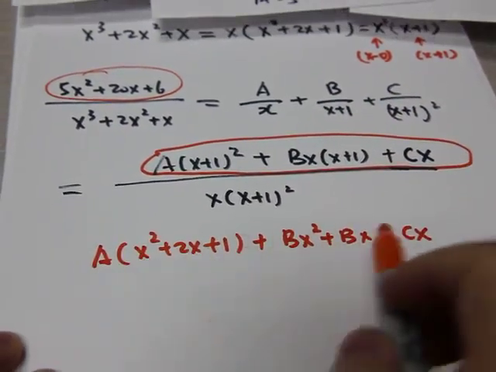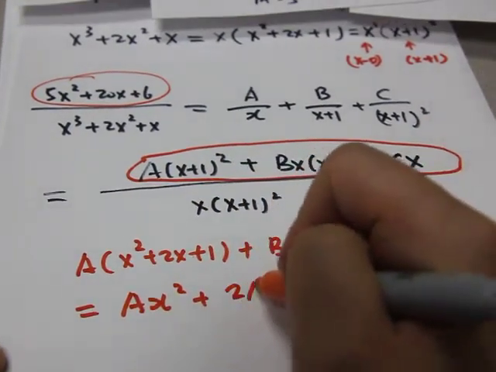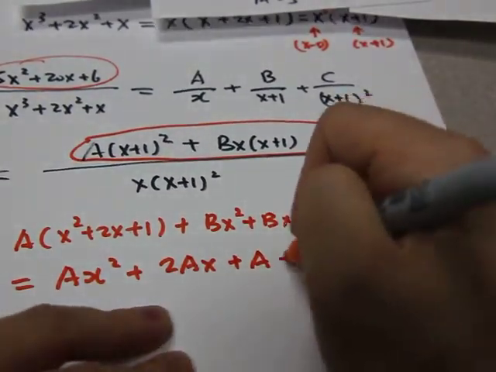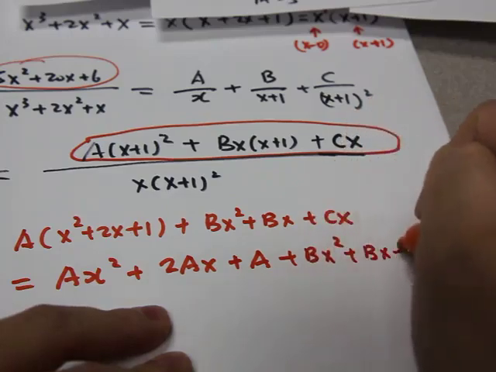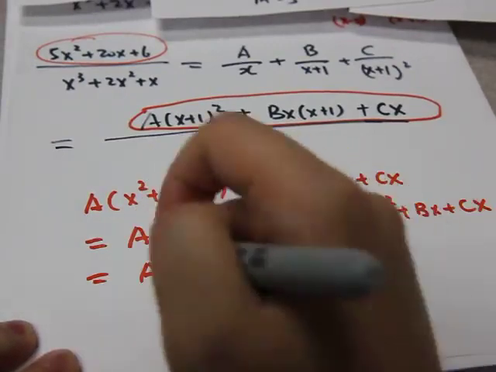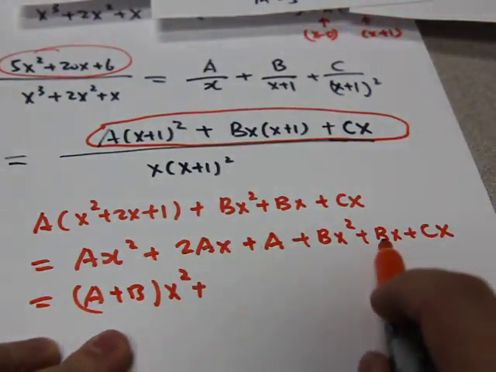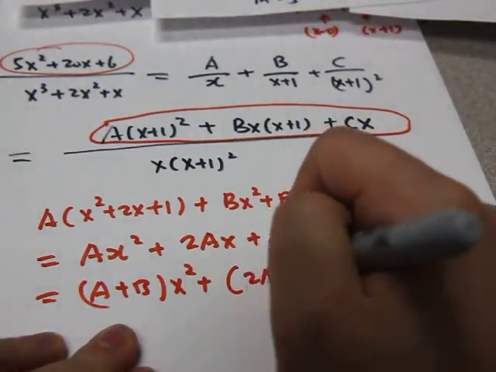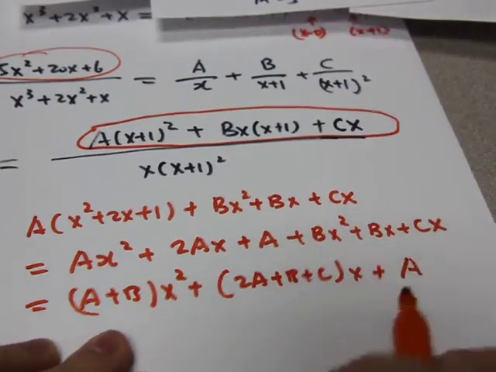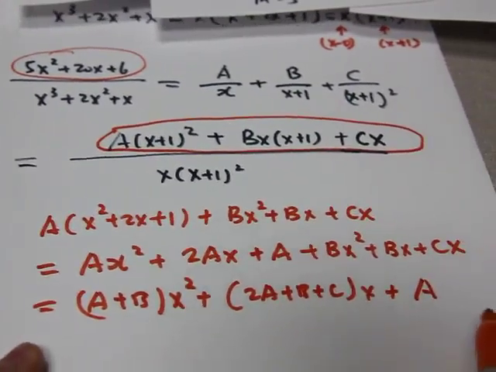And then you combine the like terms: Ax squared plus Bx squared, and 2Ax plus Bx plus Cx, and then we compare the coefficients for x squared, x, and this constant.